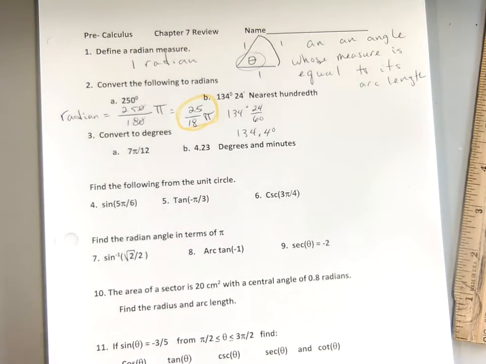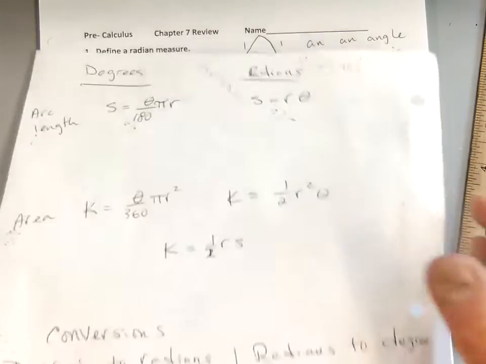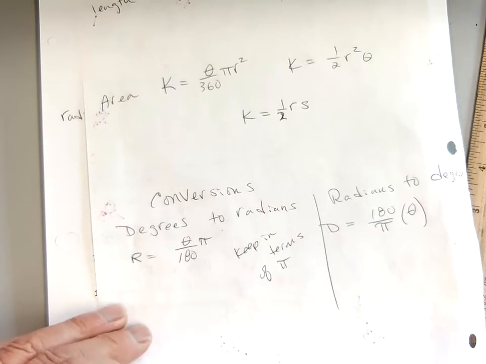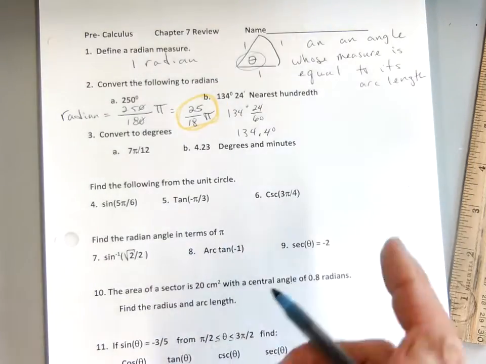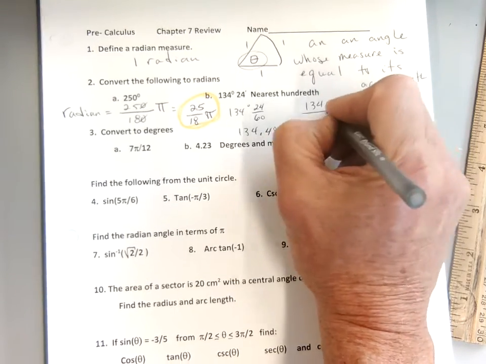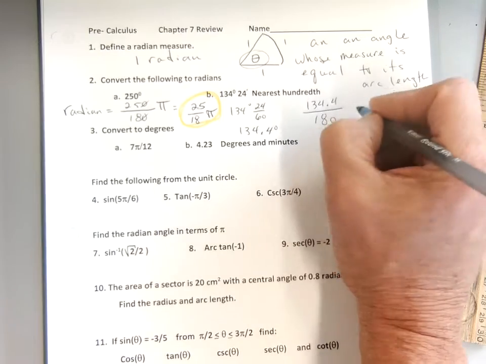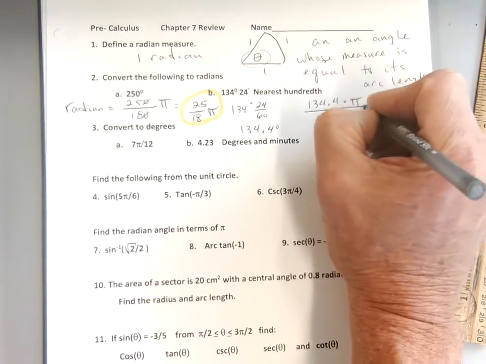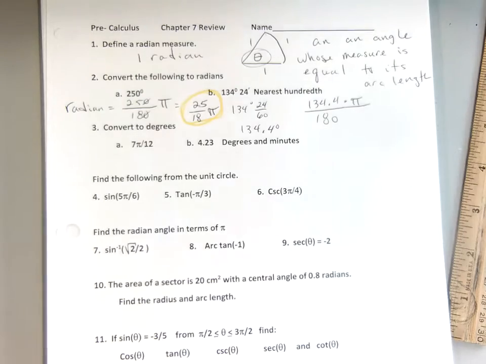And I'm going to use my formula. I'm not going to be able to keep it in terms of pi because of the decimal, so that's all right. I'll just get a decimal answer. So I'm going to go 134.4 over 180, times pi, like that. Does that help? How's that? Times pi on the top. Okay?